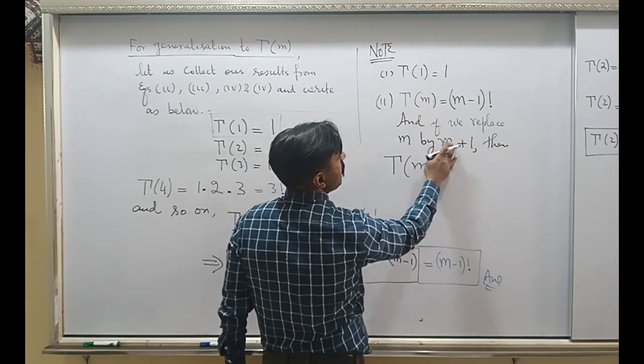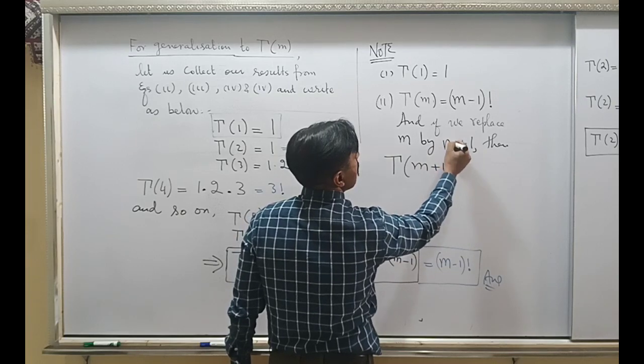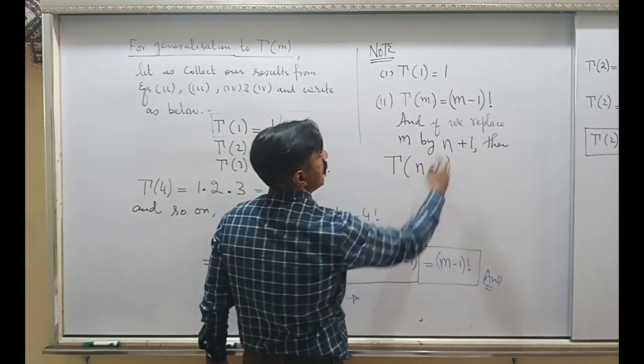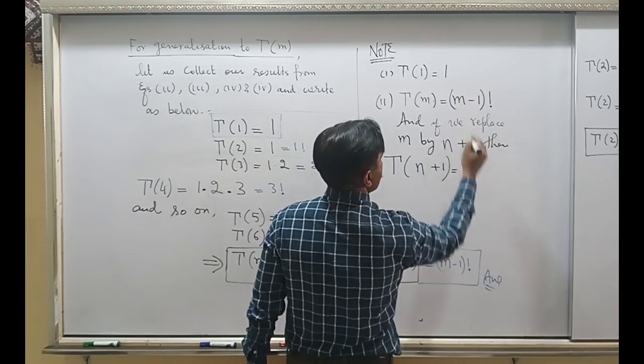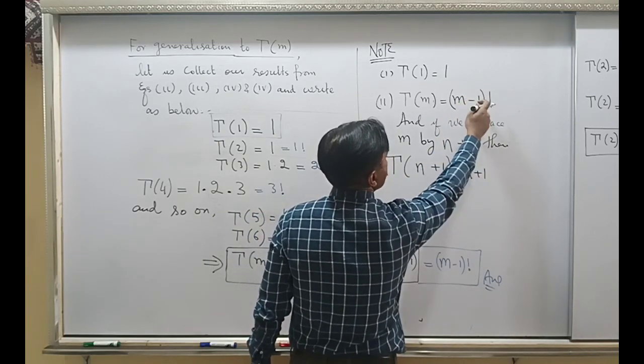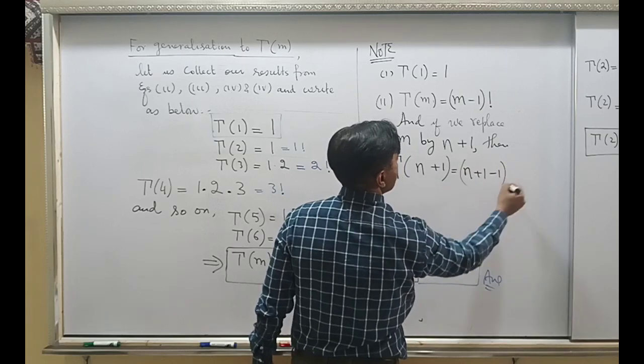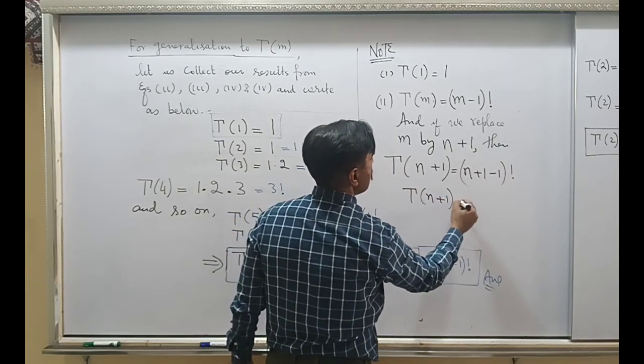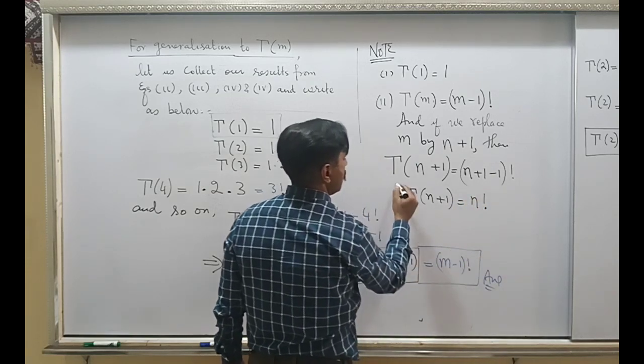You can keep the symbol the same or you can keep the symbol different. It's just a replacement. So gamma n plus 1 is n factorial.